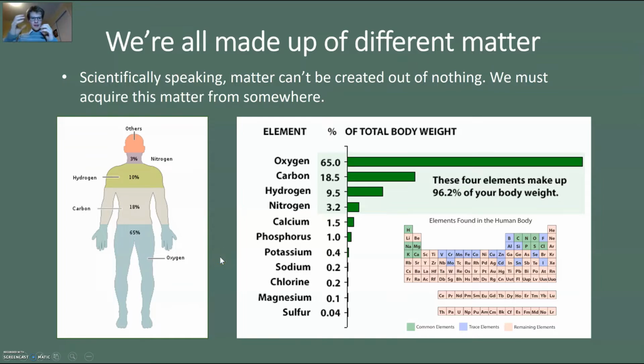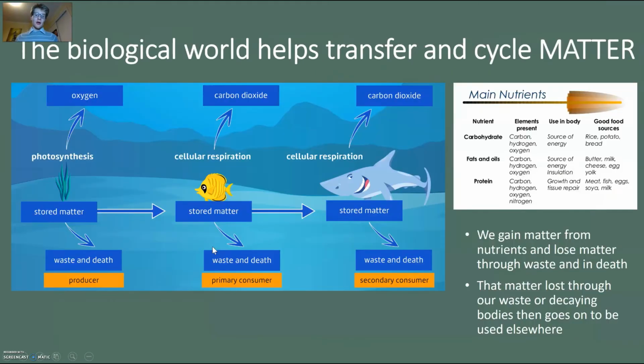So, keeping in mind the fact that matter can be transferred, bear with me on this idea. In the objective view of an ecologist, the biological world helps transfer and cycle matter. The carbon atoms that were once in this plant are now being transferred into this fish, and the carbon atoms in this fish are now being transferred into this bigger fish.